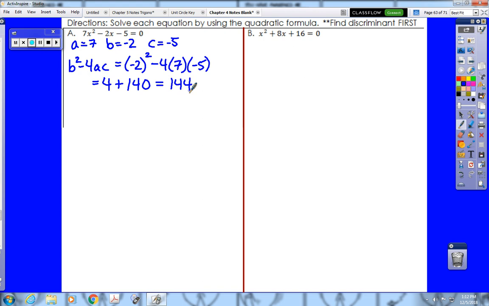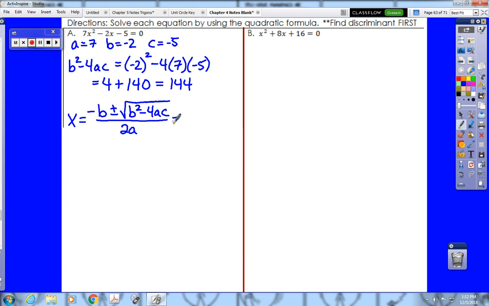Now notice I'm not writing that there are two real solutions. I know there are, but that's not part of what I'm being asked, so I don't need to answer that. Instead, what I'm going to do at this point is move into the quadratic formula, which again is negative b plus or minus the square root of the discriminant over 2a.